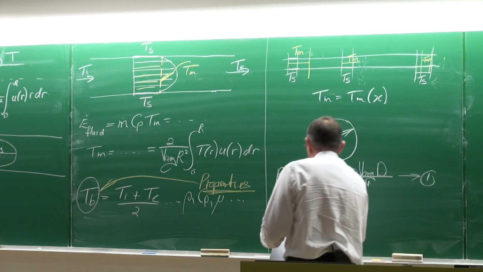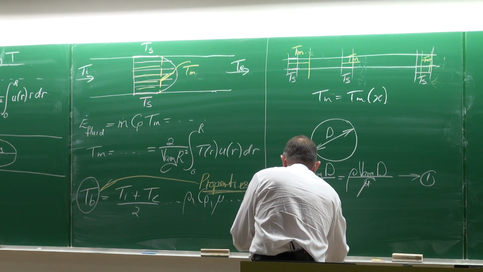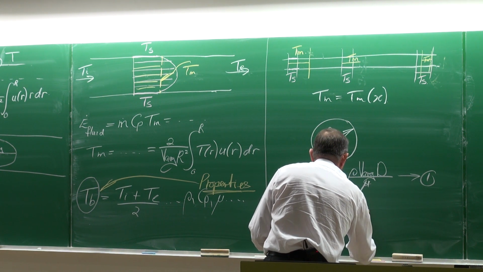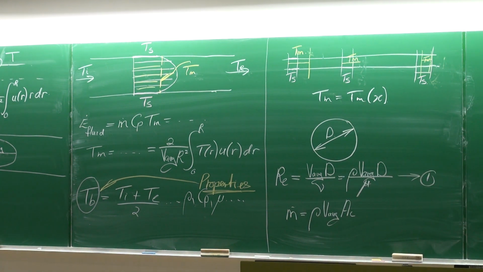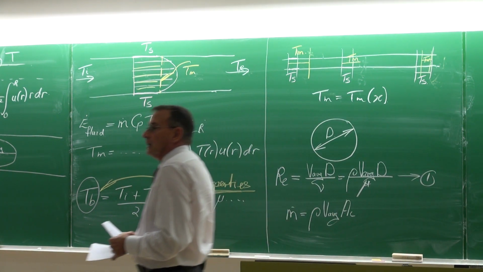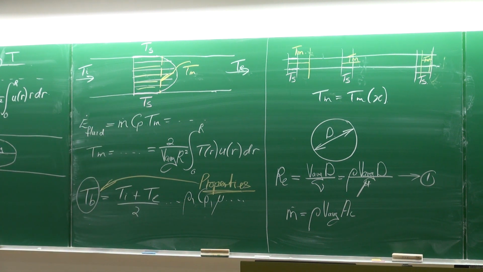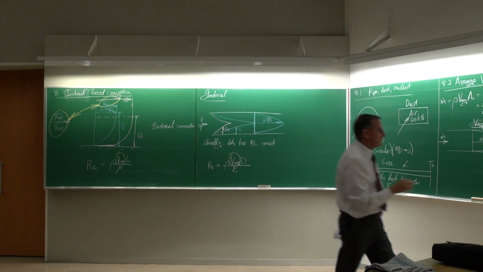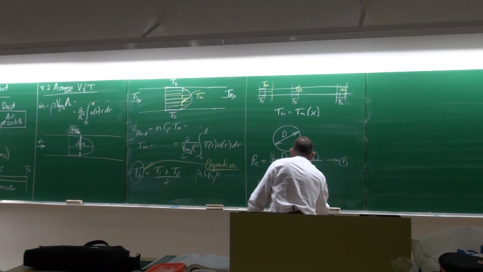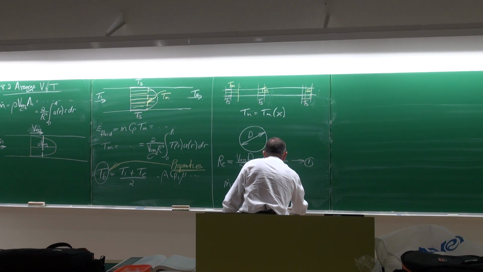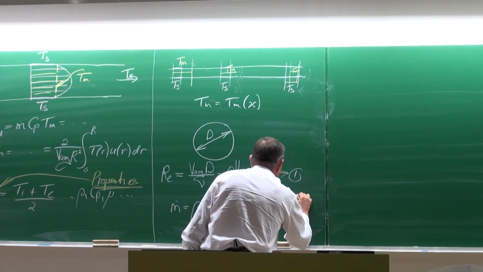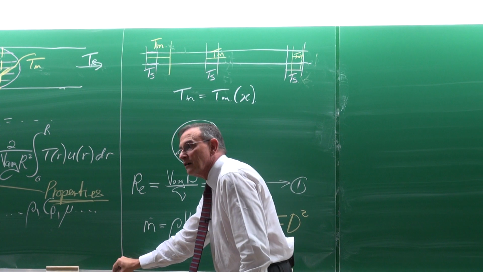And then we can say the mass flow rate is equal to rho V average multiplied by the cross-sectional area, and the cross-sectional area for a circular tube is pi over 4 d squared. I'm writing it in another color for a very good reason.